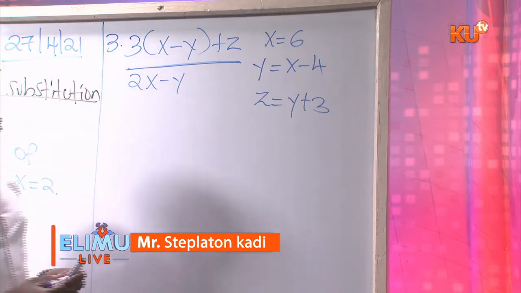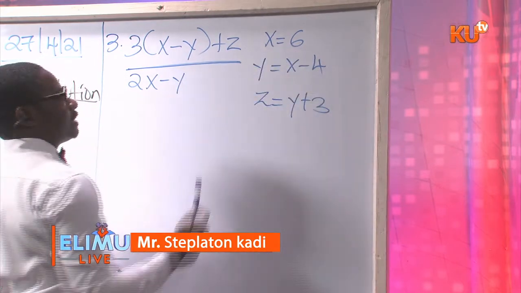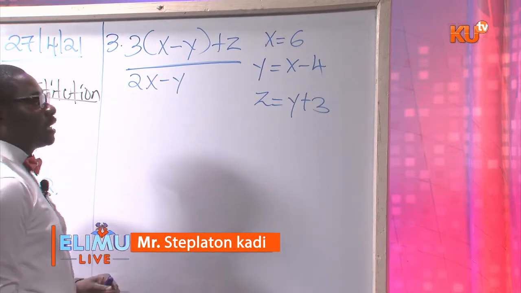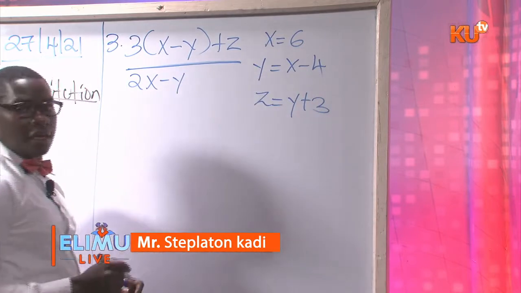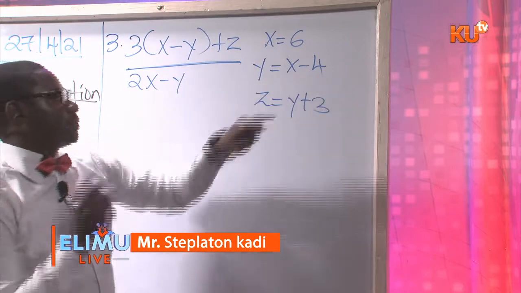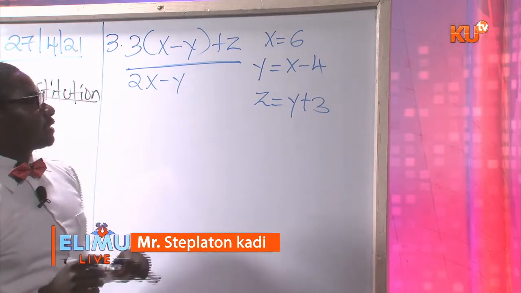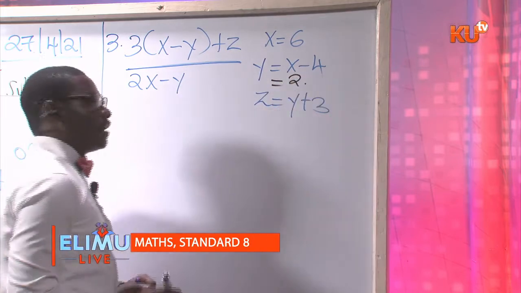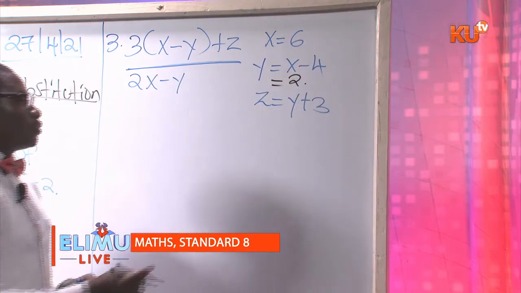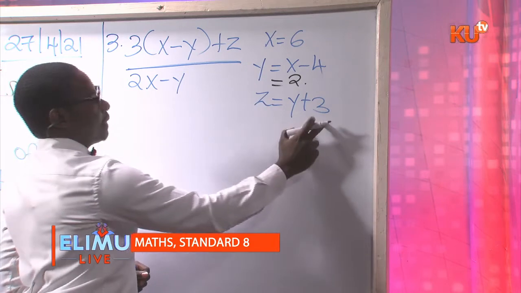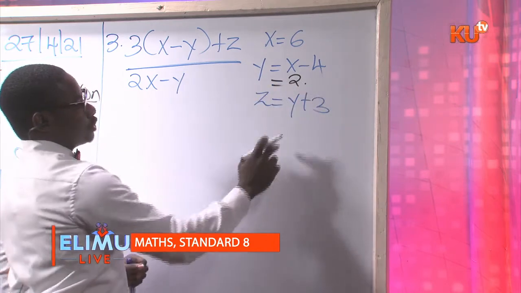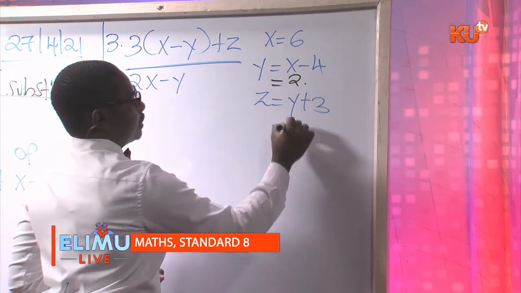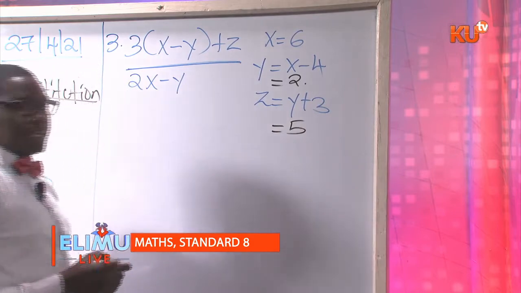So what we do, we solve this part. x is already there. x is equals to 6. So we find the value of y. If y is equals to x minus 4, x is 6. So that is 6 minus 4, which is 2. Therefore, y is equals to 2. z is equals to y plus 3. y is 2. So that is 2 plus 3 to get 5. So the value of z is 5.